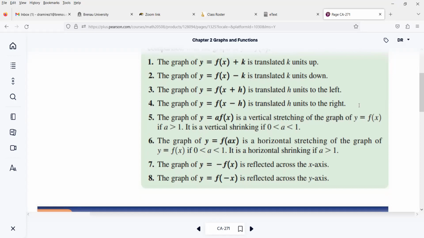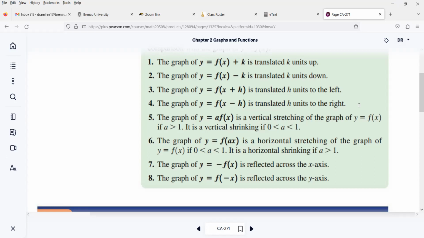If you multiply the input by a, then the graph will be a horizontal stretching of the graph of f if a is between 0 and 1, and a horizontal shrinking if a is greater than 1. The graph of the opposite of f of x is going to be a reflection across the x-axis, and the graph of f of the opposite of x is going to be a reflection across the y-axis.